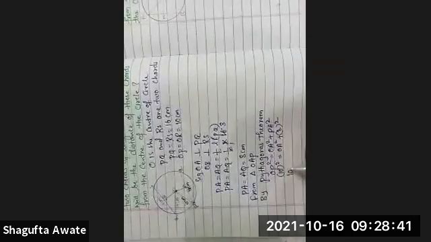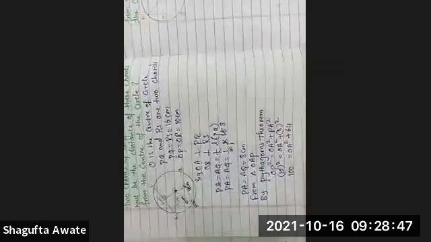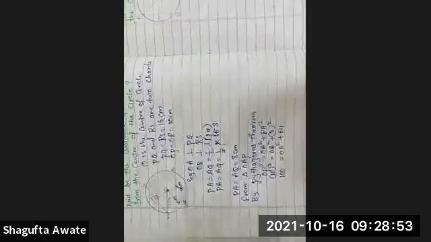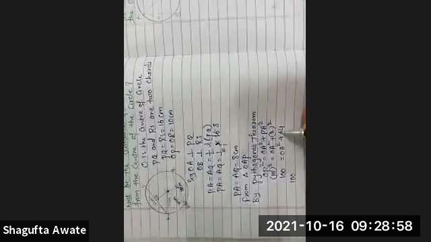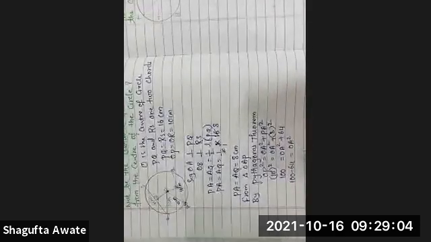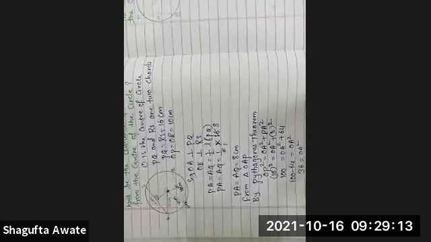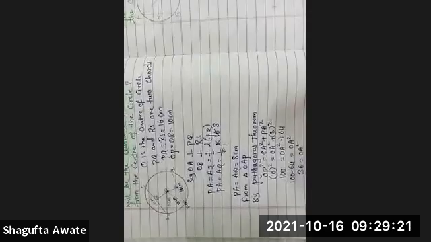So 10 square, 100, is equal to OA square plus 8 square is 64. 64 shifted this side becomes minus 64, equal to OA square. 100 minus 64 is 36, equal to OA square. That is OA is equal to under root 36. So OA is equal to 6 centimeter.